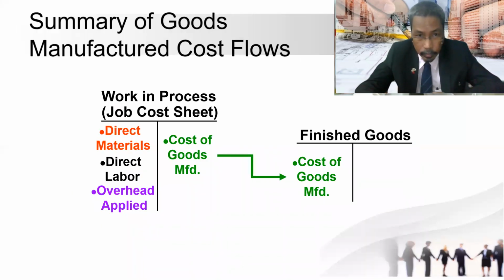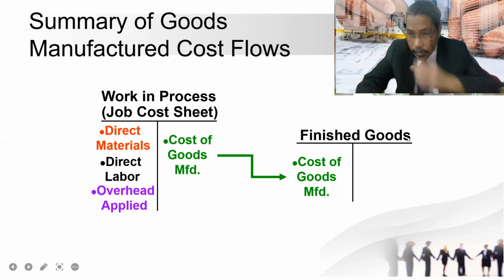So another example, we have summary of goods manufactured cost flow. So work in process and finished goods. So the cost of goods manufactured amount has to be written here. And then the same amount will balance here, because for finished goods, you have to put finished goods increase. It is left side because it is already finished goods.